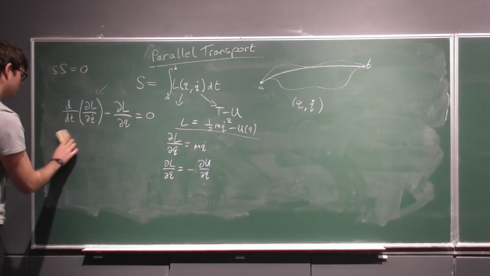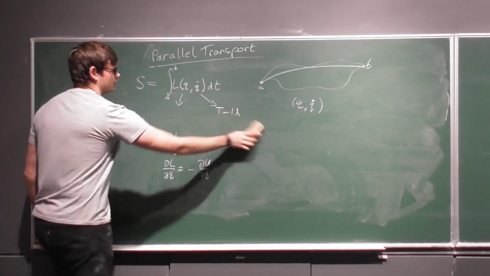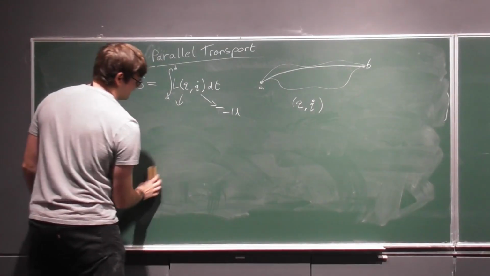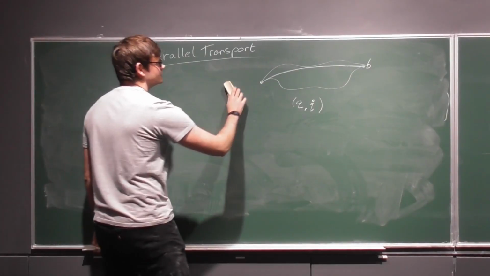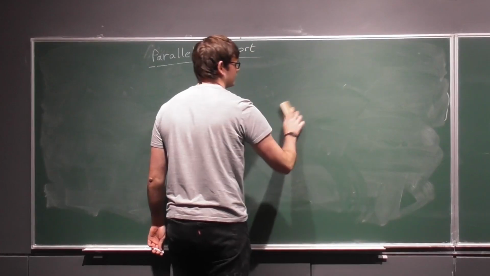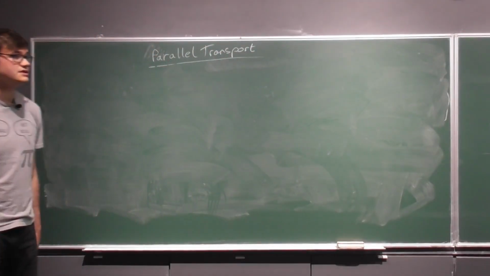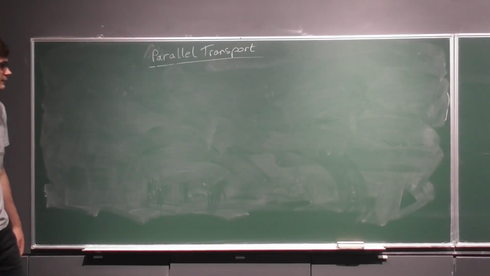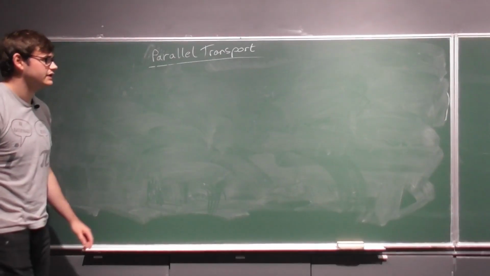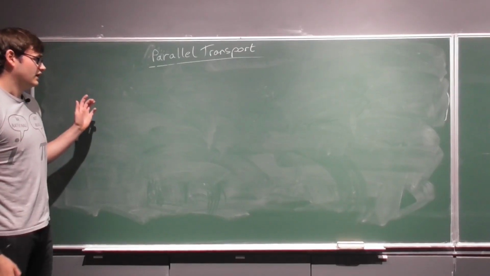Okay, so we would like to do this for curved spacetime. So we're going to need to come up with an action principle that reduces to the equation of parallel transport that we saw earlier. When coming up with an action, it can be very hard to know where to start.